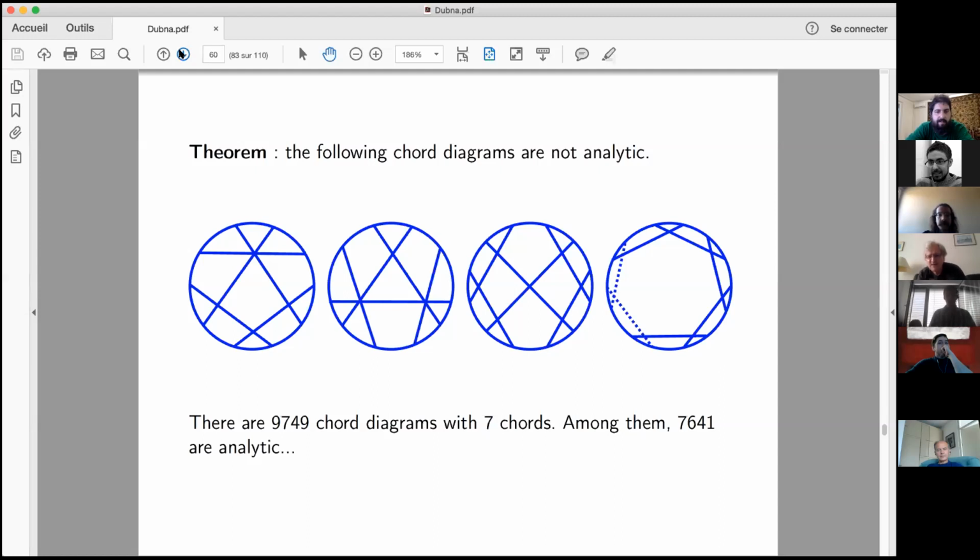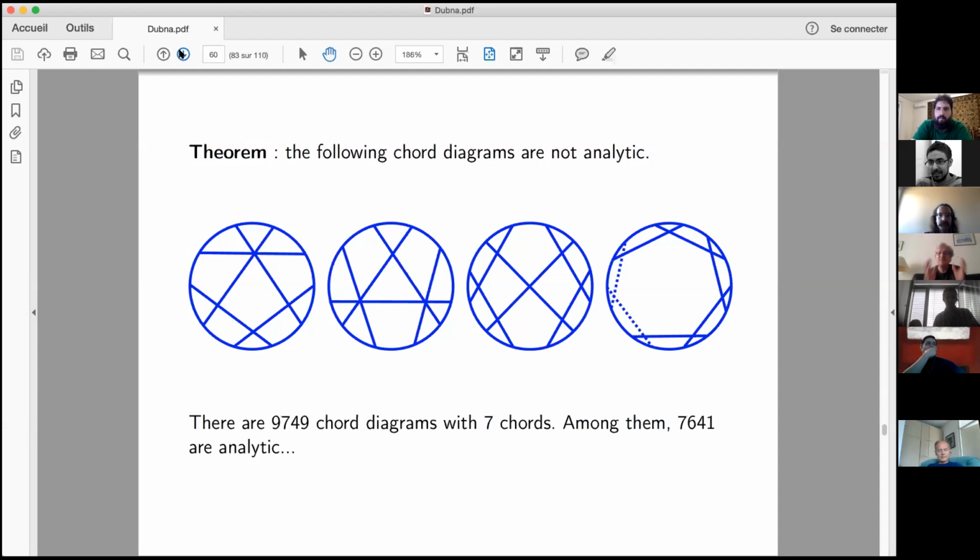And that gave me the opportunity to find more examples of diagrams which do not come from algebraic curves, like you can see here on the slide. I found 1, 2, 3 examples on the left. And finally, I could understand that the cycle with n chords connected like on the right does not come from an algebraic curve. So I was somehow happy with that, but not completely happy because I was not satisfied.